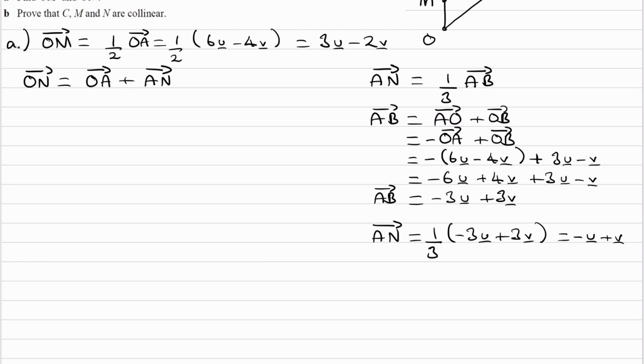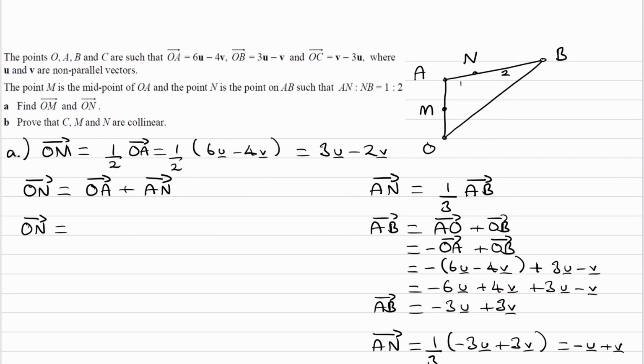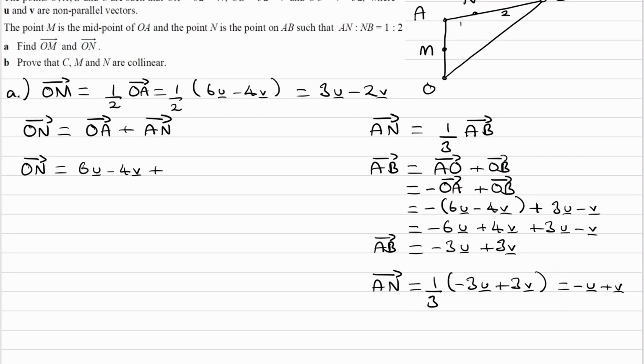So then putting that into ON, ON is OA, which remember was 6u minus 4v, and then we add AN, which we got as minus u plus v. Then simplify: 5u minus 3v. So we have ON as well now.